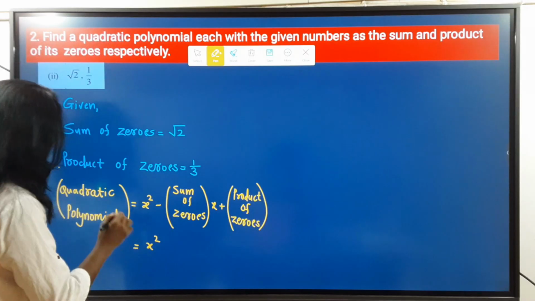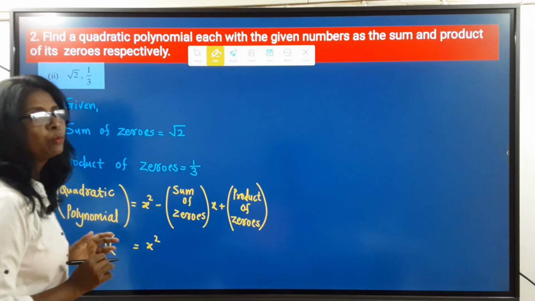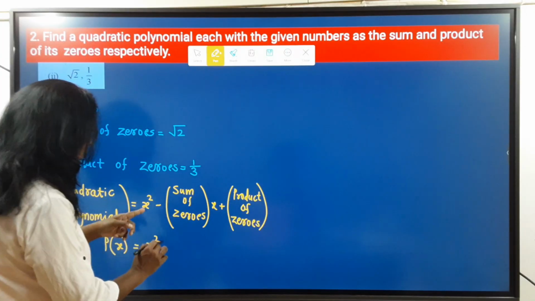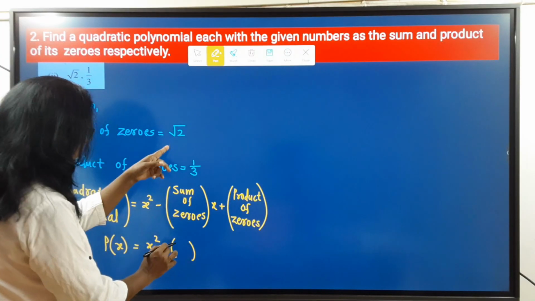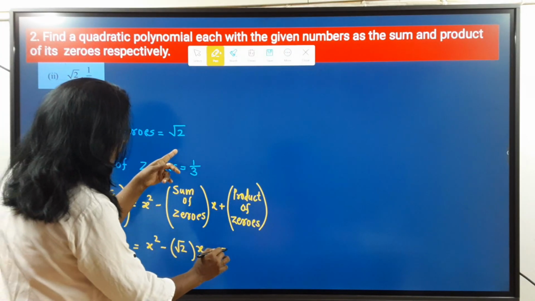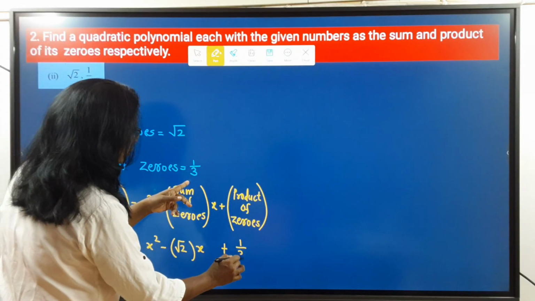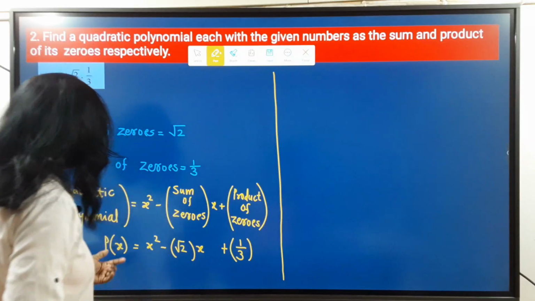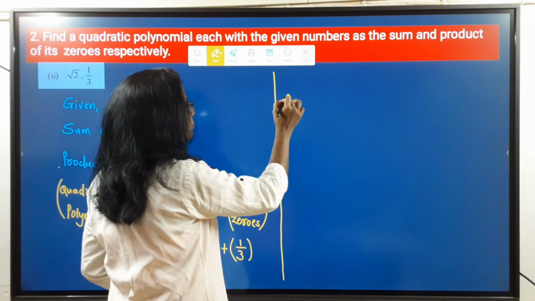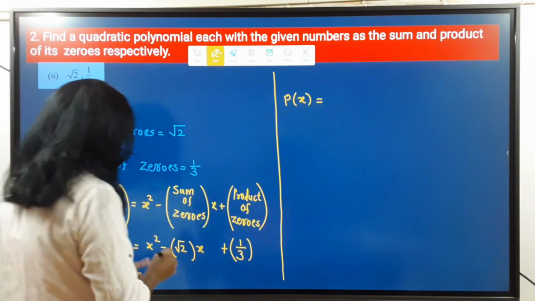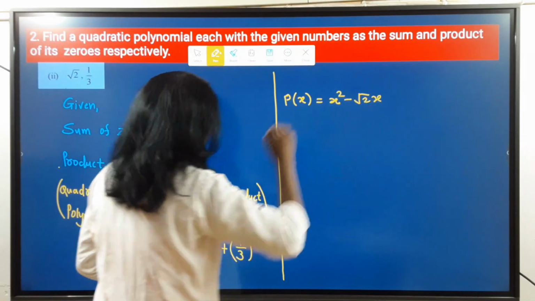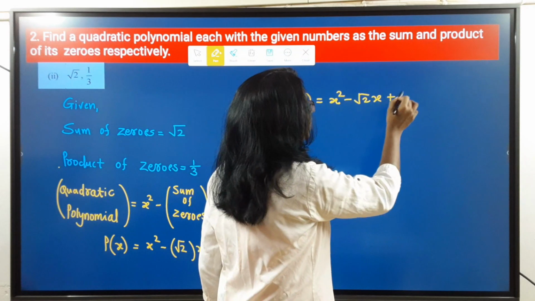We write the quadratic polynomial in terms of x students, so I write p of x here. So x square minus sum of zeros, that is root 2 x, plus product of the zeros, 1 upon 3. Okay students, now we simplify this quadratic polynomial. So p of x is equal to x square minus root 2x plus 1 upon 3.